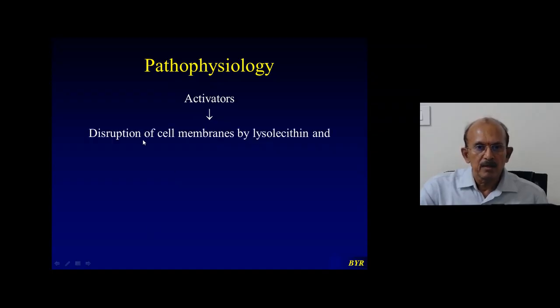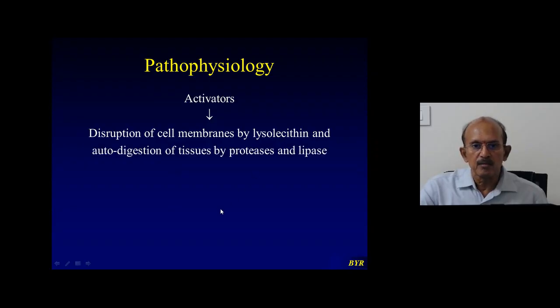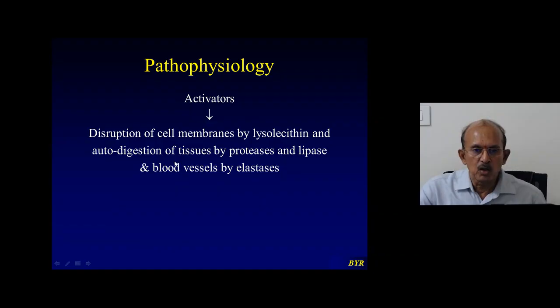There will be disruption of cell membranes by the lysolecithin, digestion of tissues by proteases and lipase, and of blood vessels by elastase. I told you already about elastase, because it digests elastic tissue. The media of the blood vessels has elastic tissue, and this elastic tissue is digested by the elastase enzyme. This leads to an inflammatory process of the pancreas.